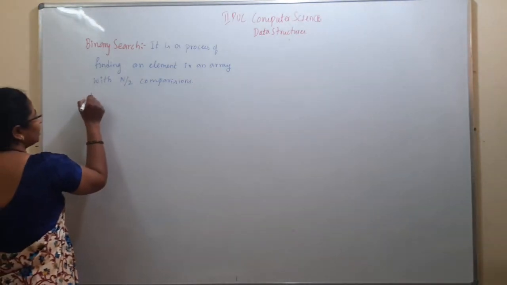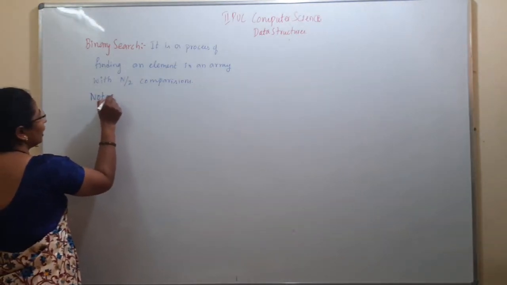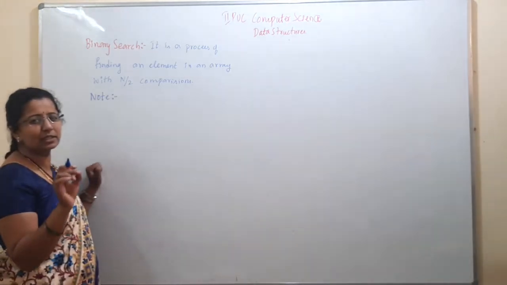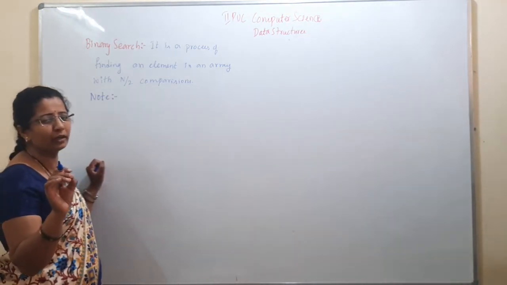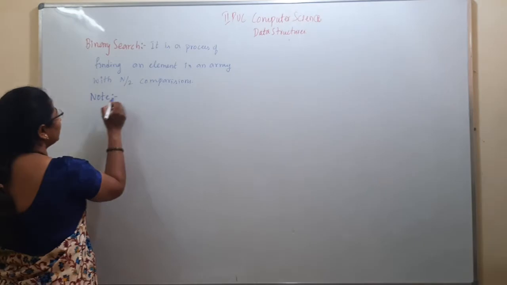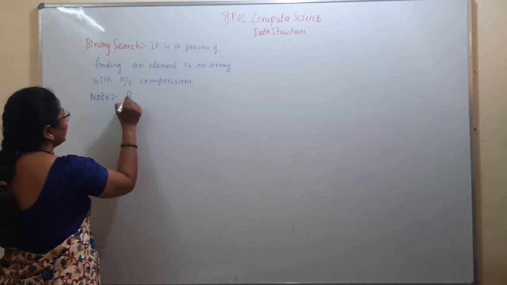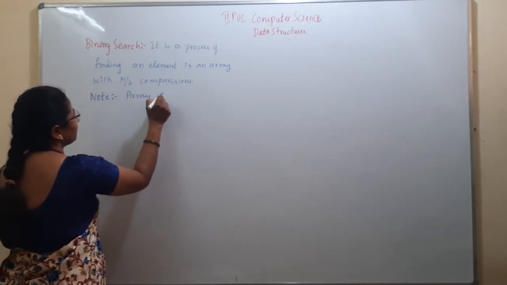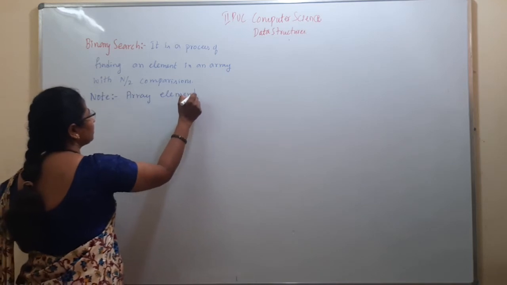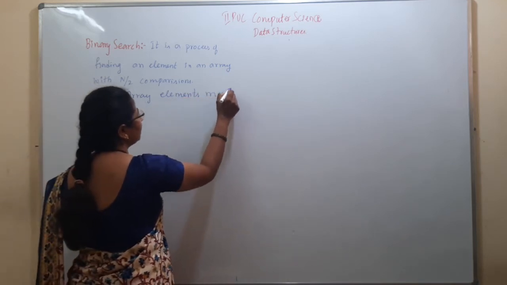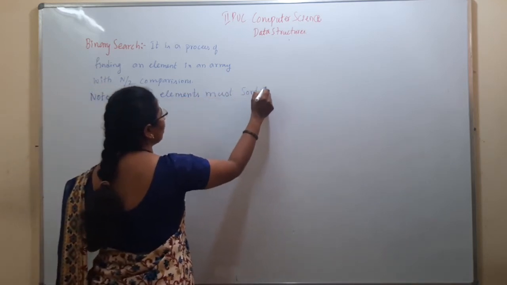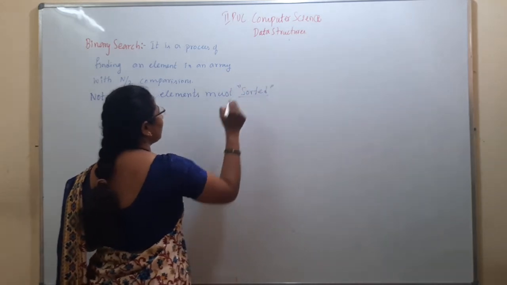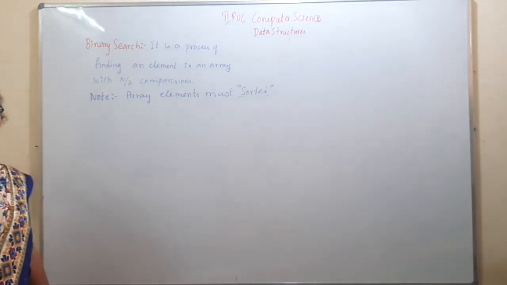And linear search will work for any kind of element, it doesn't matter whether the elements are sorted or unsorted. But in binary search, array elements must be sorted. It is compulsory. This process of binary search is applicable only for sorted elements.